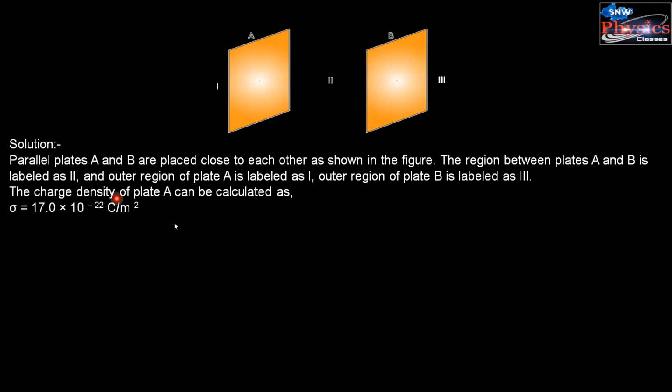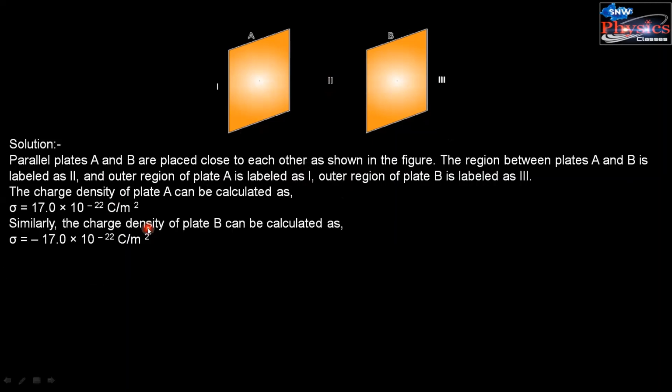Now the charge density of plate A can be calculated. पहले charge density जो हमारा given है 17.0 into 10 to the minus 22 coulomb per meter square. Also similarly the charge density of plate B, क्योंकि opposite charge है यहाँ पे, equal and opposite charges are there, so charge density will be minus 17.0 into 10 to the power minus 22 coulomb per meter square.